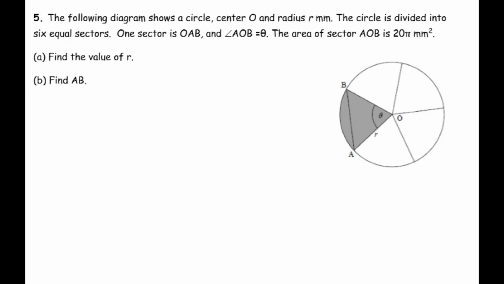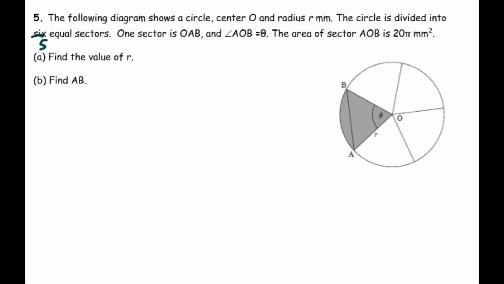So basically, here's our diagram. We have a center O, radius of r millimeters, and it says the circle is divided into 6 equal sectors, but I only see 5, so we're going to change this to 5 equal sectors. And here's our sector OAB, and angle AOB is equal to our angle.